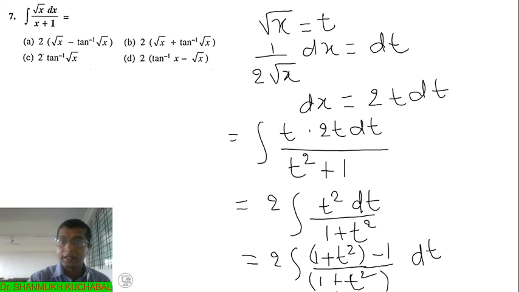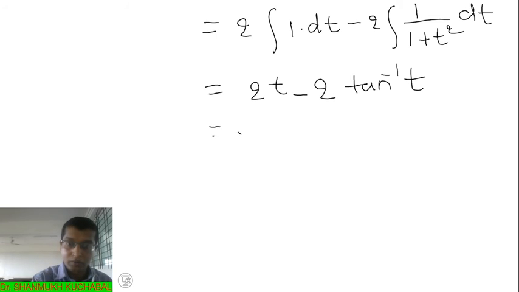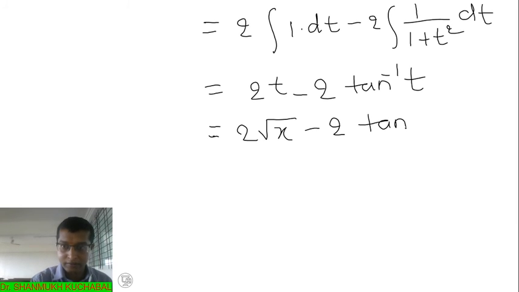Further we have to write the t value as root x. So we get 2 root x minus 2 tan inverse root x, as I have taken the value of t as root x.